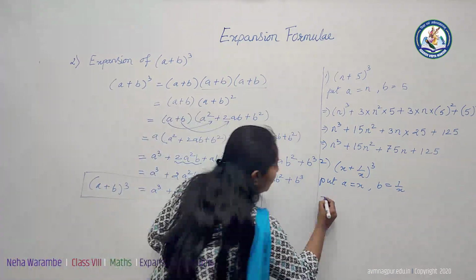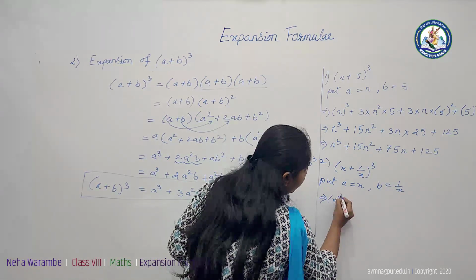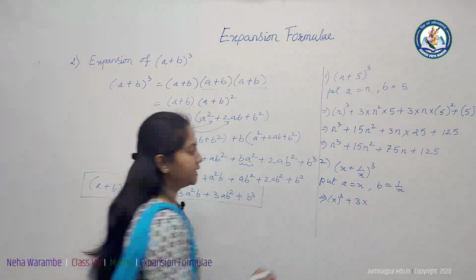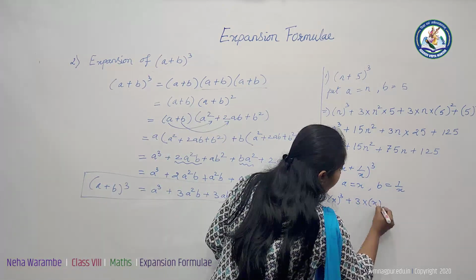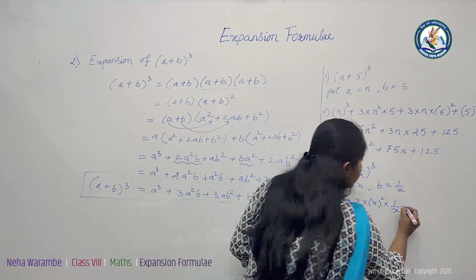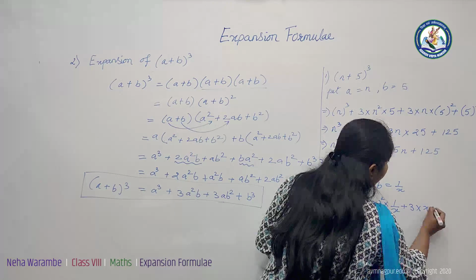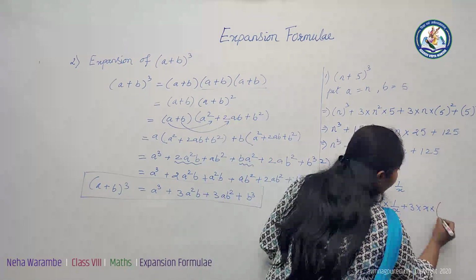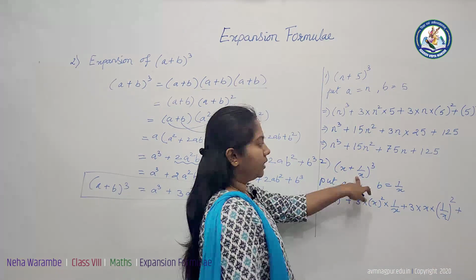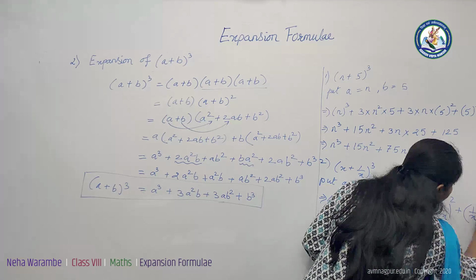First term cube means x^3, plus 3 into first term square into second term 1/x, plus 3 into first term x into second term square, that is (1/x)^2, plus second term cube, that is (1/x)^3.